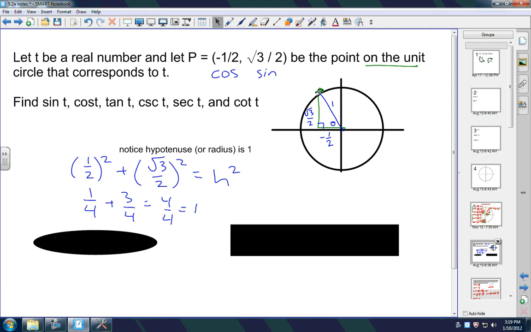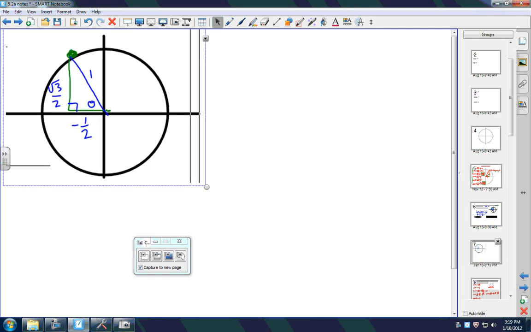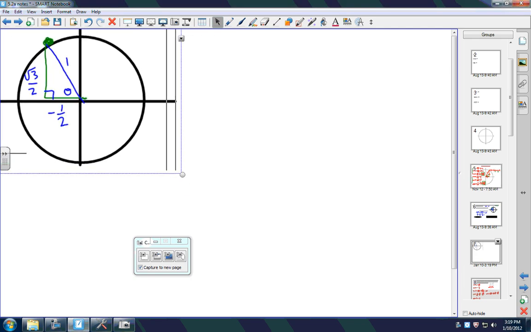So let's grab the circle and get a new page where we get some room to work. Okay, so let's take this guy here. Let's get all 6 of them. I start with sine for some reason. Find some habit that works for you guys.